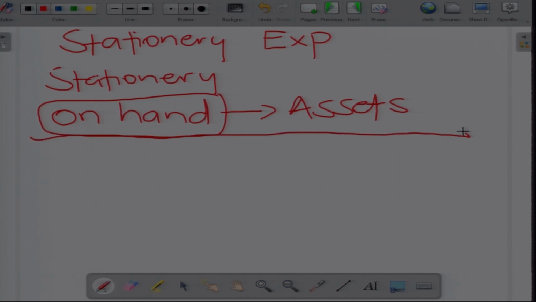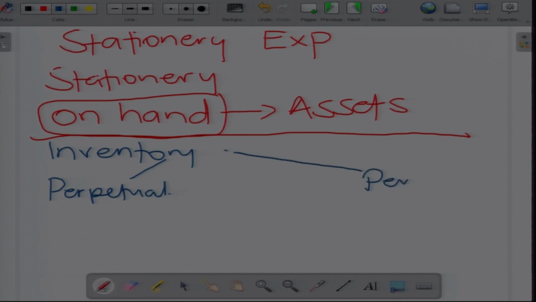Then we get inventory. I did tell you this in class. Inventory, you get two types. You get the perpetual, and you get the periodic. Now the difference between the two: with perpetual, they will give you the cost of sales amount.